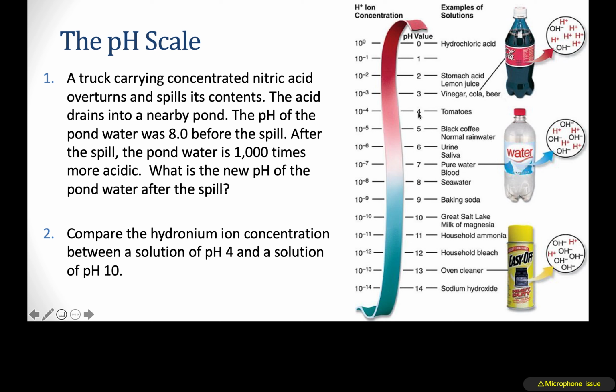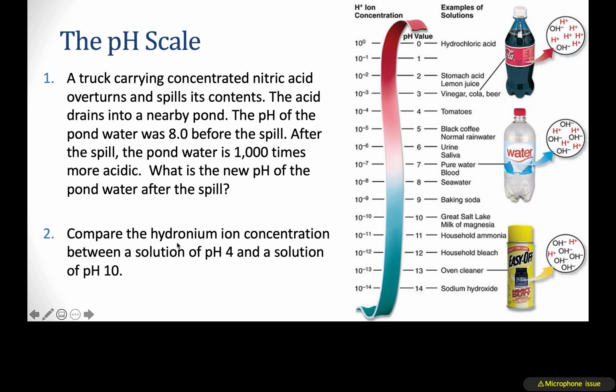Okay, so we can phrase this in a couple different ways. It was 6 steps, right? So 6 zeros means a million. So 1 with 6 zeros after it, that's a million. So we could say the pH of 10 has a million times less hydronium ion concentration than pH 4, right?